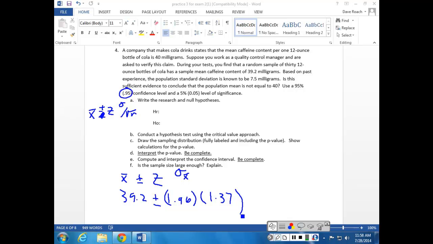And if you put that in your calculator, you would now hit second enter. You can just go change that minus sign to a plus. And I have 36.51 to 41.89. That interval includes 40.